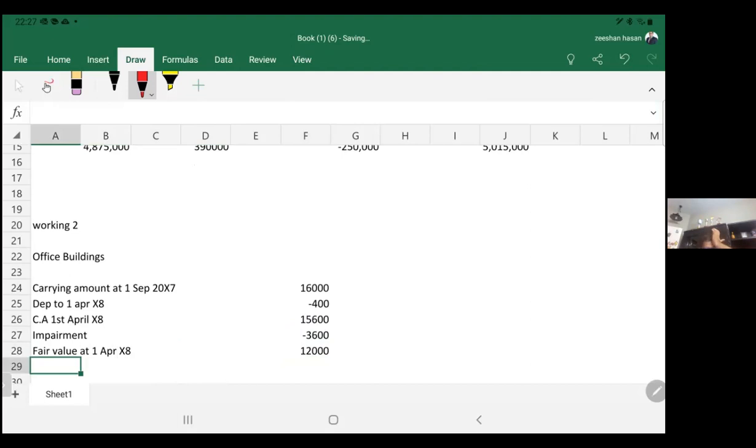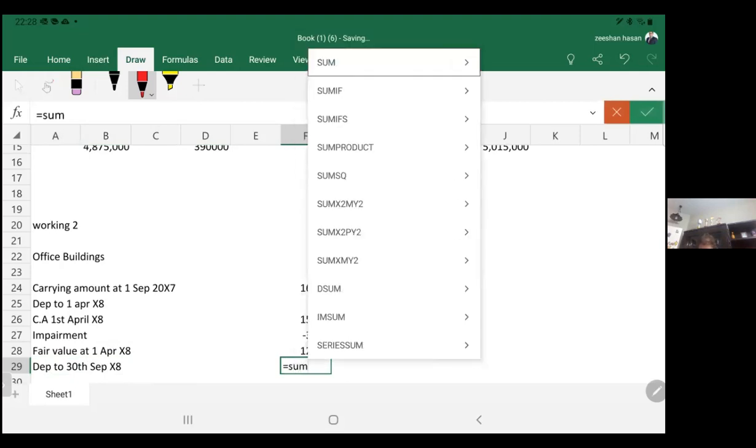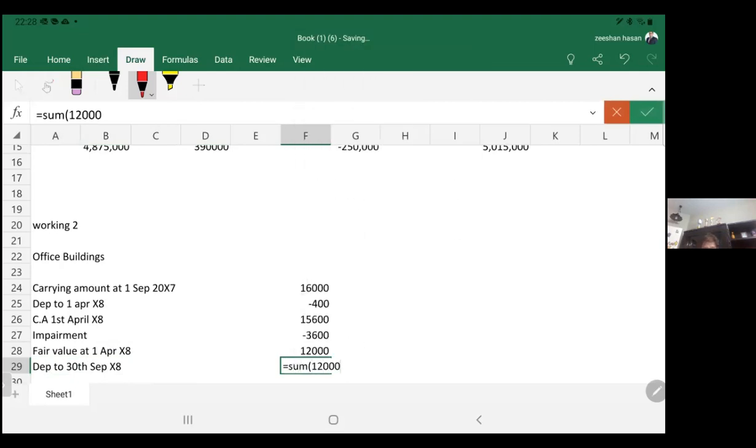Now, working done, another working. We have depreciation to 30th September. What will it be? It is equal to 12,000, the carrying amount, over the overall life of 12 years, multiplied by another 6 months, so 6 divided by 12.